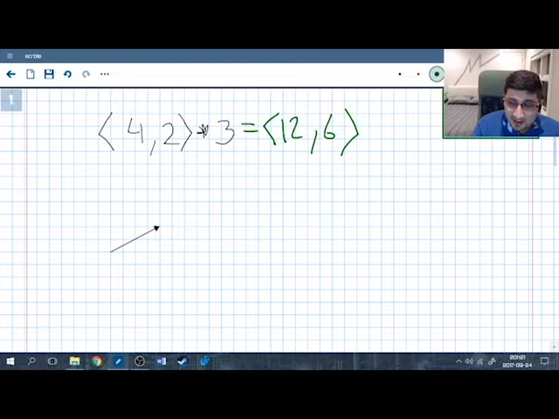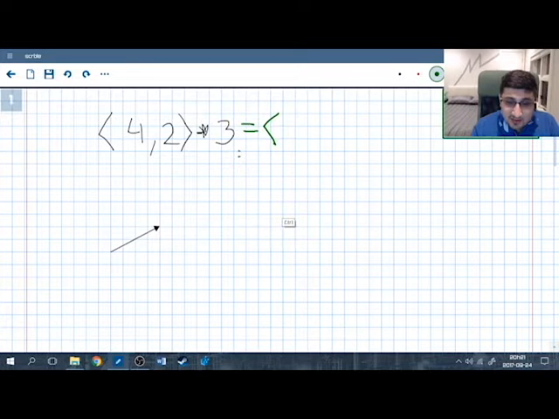And as you can imagine, this makes your vector exactly 3 times as long. So for example, we'll be going a total of 12 units to the right and 6 units up. Note that the direction is the exact same, and this does not ever change the direction except in one case, which we'll cover shortly. However, this number tells us how much longer it gets.